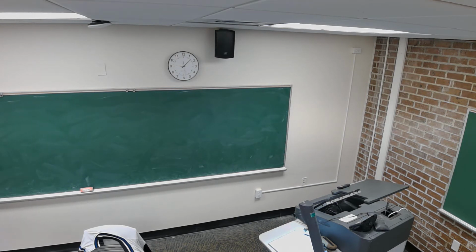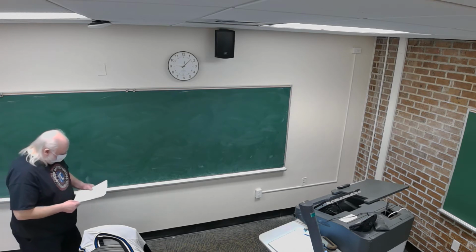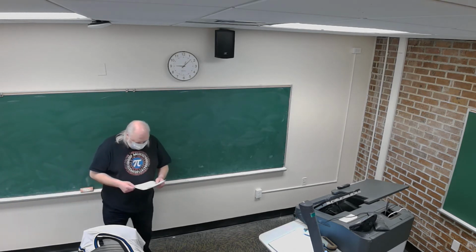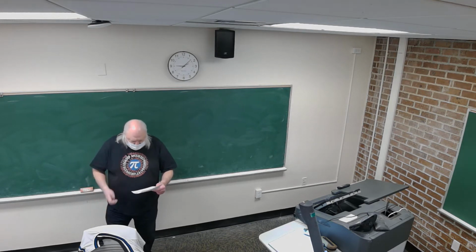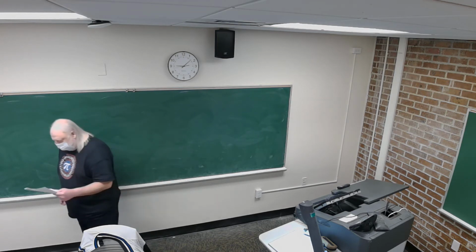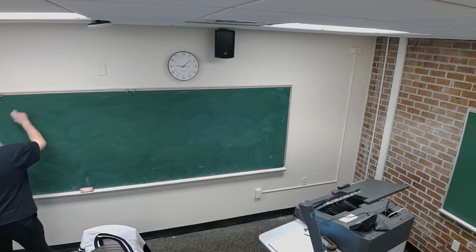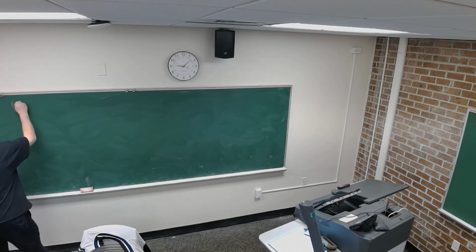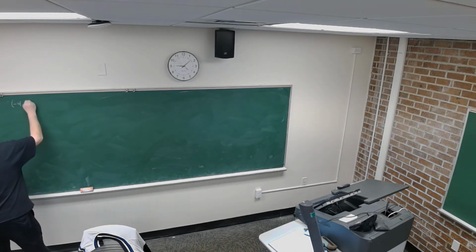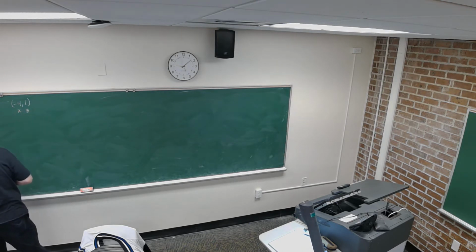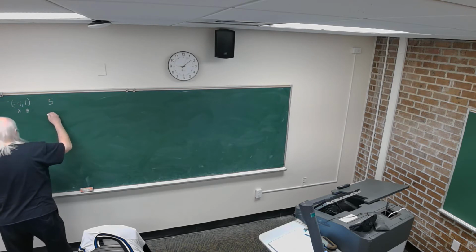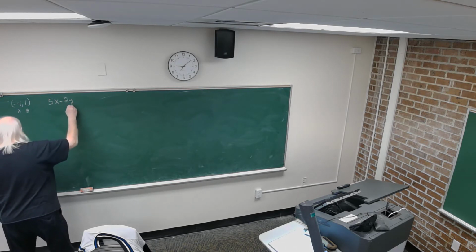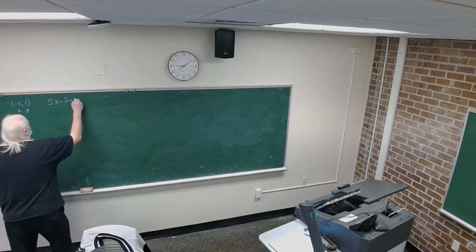Okay. All right, so in example 3, it says find the equation for the line passing through the point -4, 1 that is parallel to the line 5x minus 2y is equal to 3. So our parallel line is going to pass through the point -4, 1, and it's parallel to the line 5x minus 2y is equal to 3.